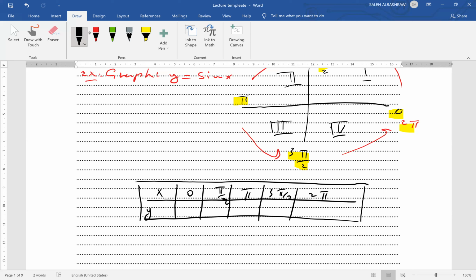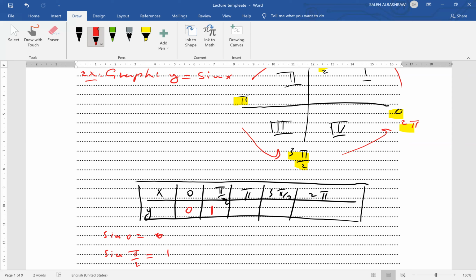Now, for the values of y: if x equals 0, then sine of 0 equals 0. So it is 0 and 0. Second one, sine of pi over 2 is equal to 1. So when x equals pi over 2, y equals 1.